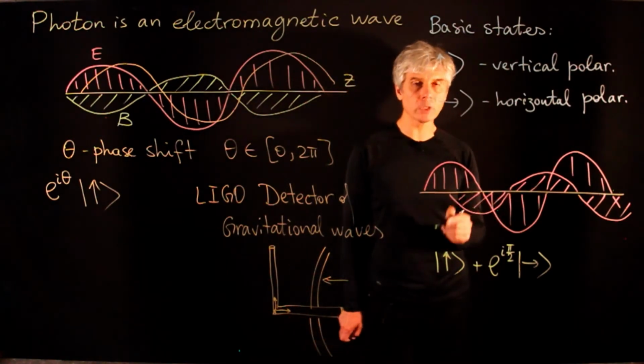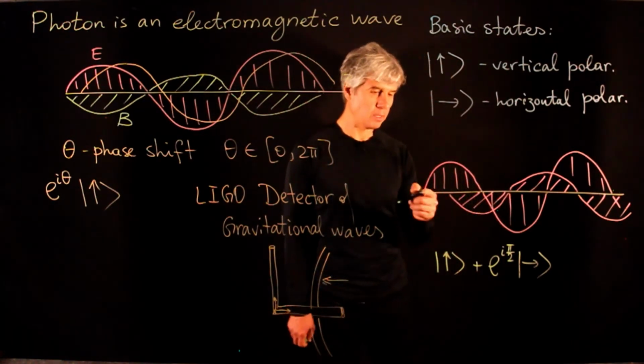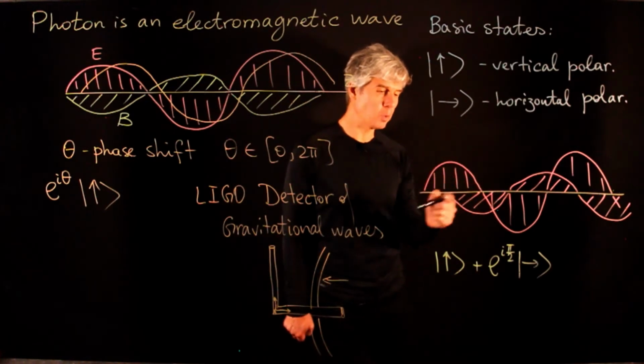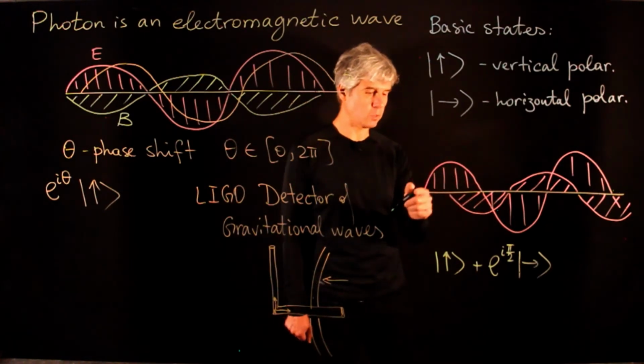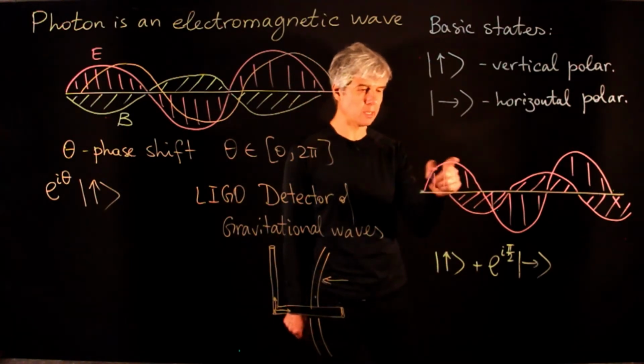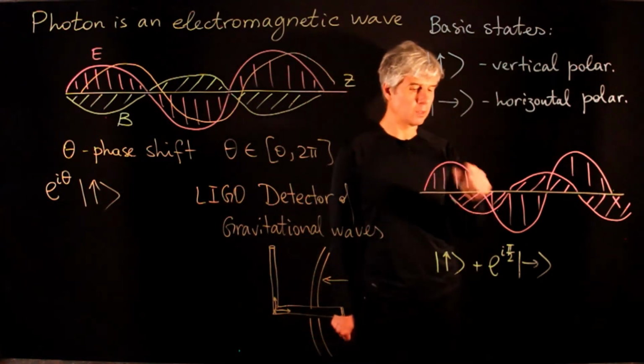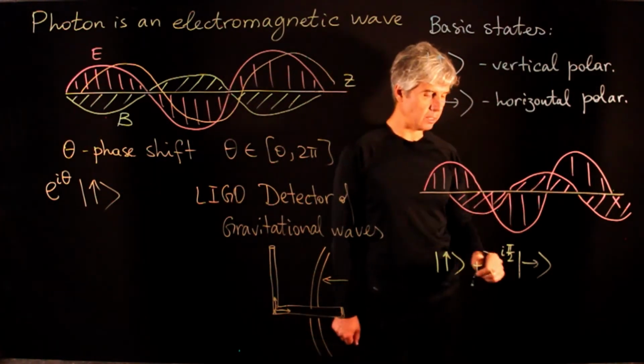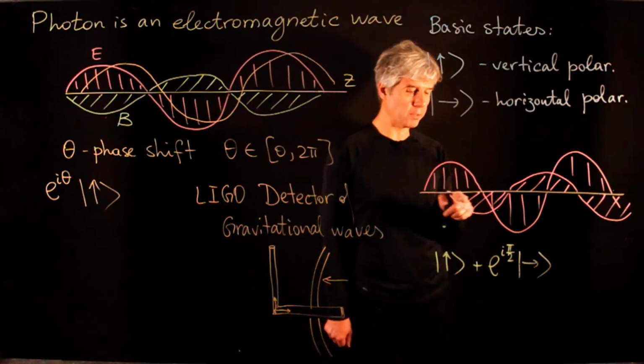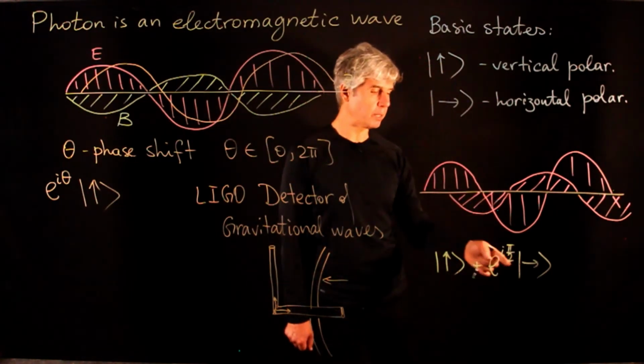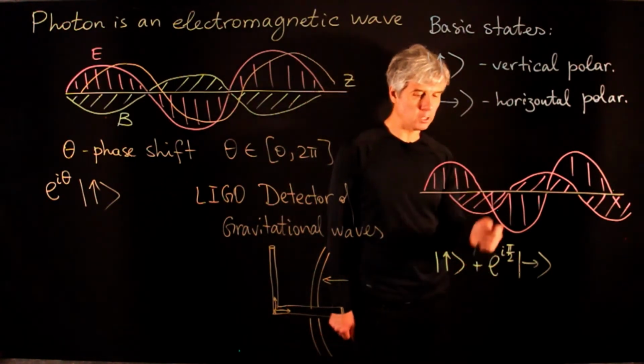And here I'm plotting only the electric component of this field. So this component has an electric component oscillating in the vertical direction, and this component has electric field oscillating in the horizontal direction, but with a 90-degree phase shift.